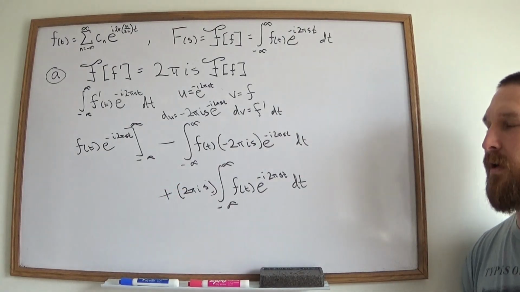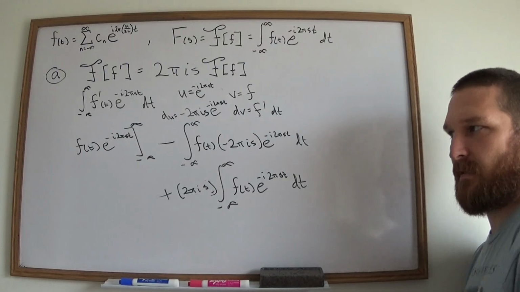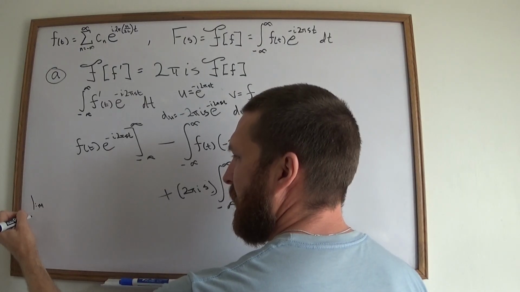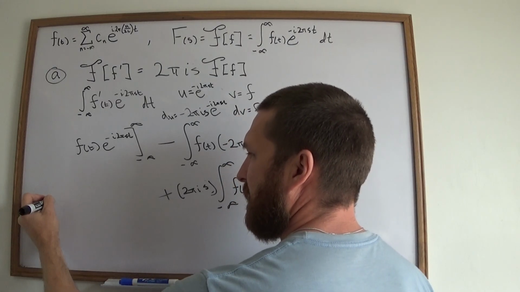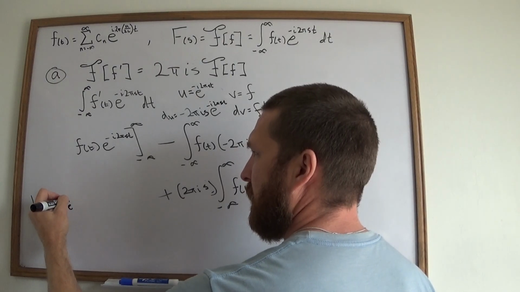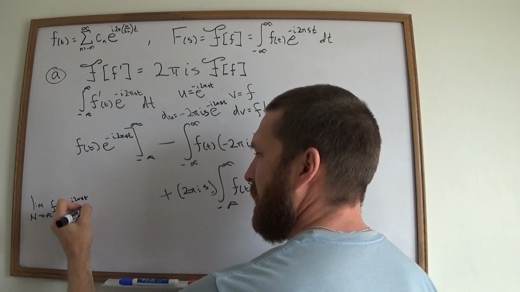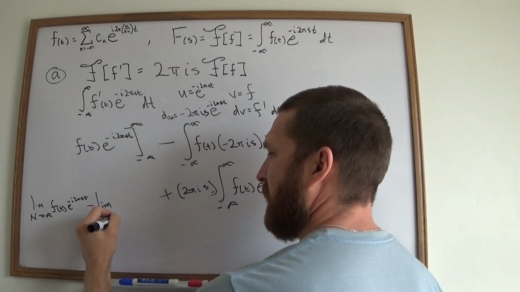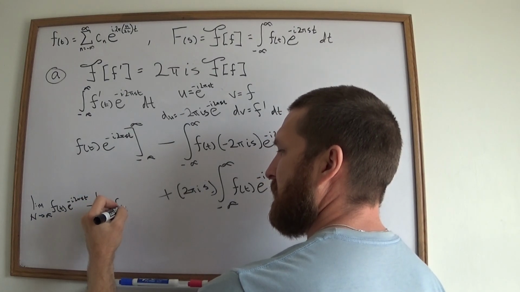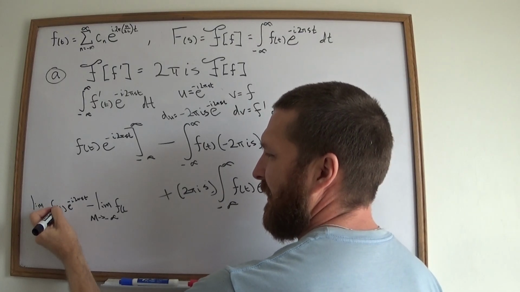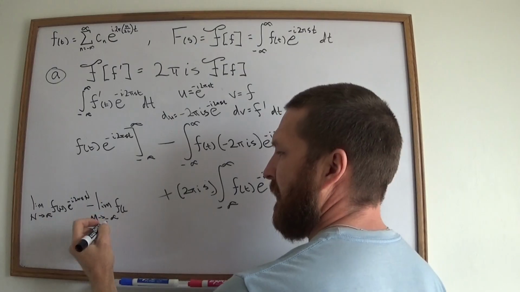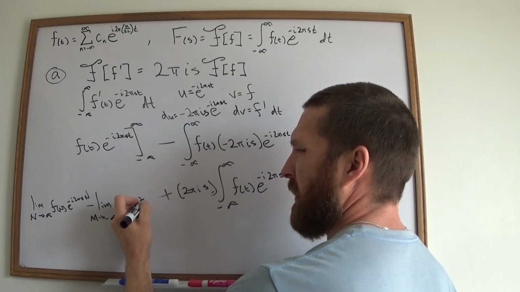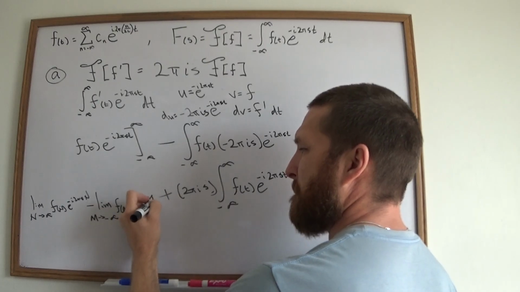Now the only problem we have is figuring out the boundary term. We're going from here to here, so let's take the limit as big N goes to positive infinity of f of n e to the minus i 2 pi s n, minus the limit as m goes to negative infinity of f of m e to the minus i 2 pi s m.